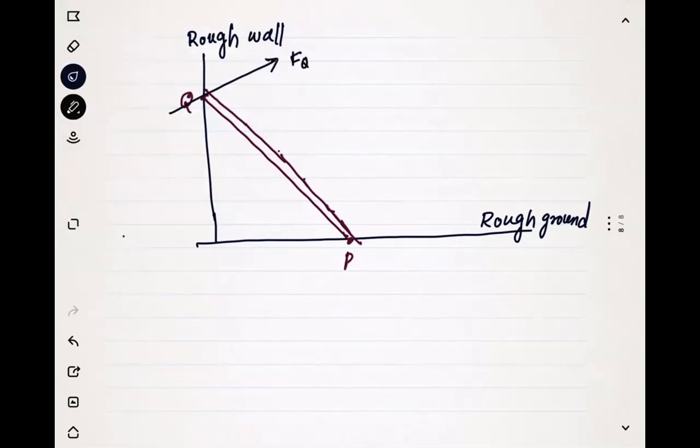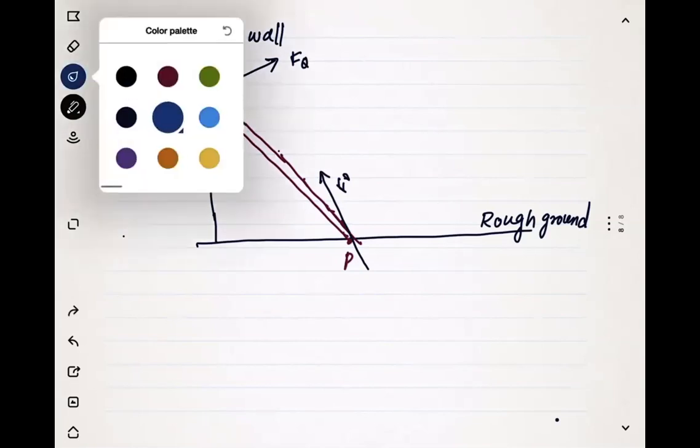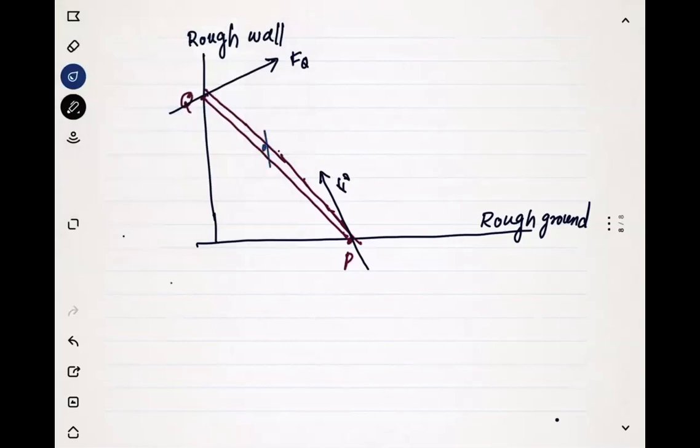So this is FQ. FP would be, so this is FQ and FP, and the weight of the ladder, if you see, will act at the central point.